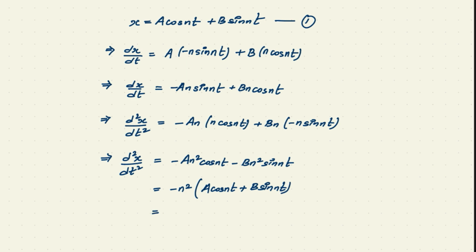And if you look at equation 1, this a cos nt plus b sin nt is x. So replacing this with x, we will have minus n square x. And this is the value of d2x over dt2.